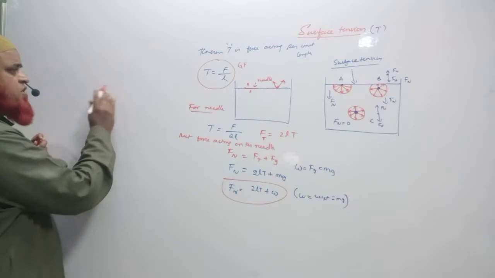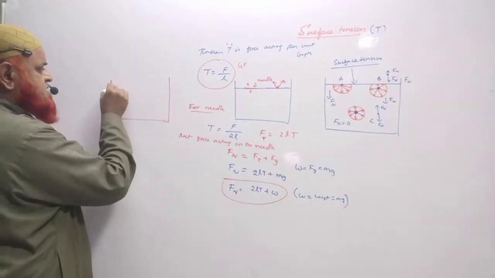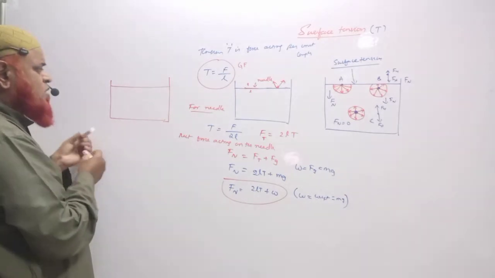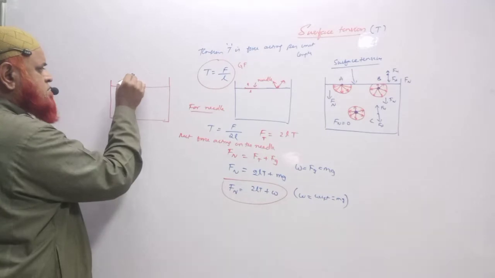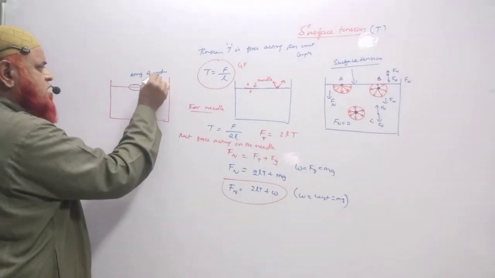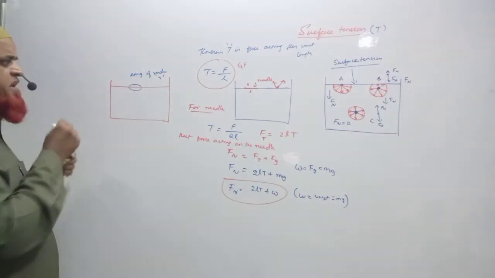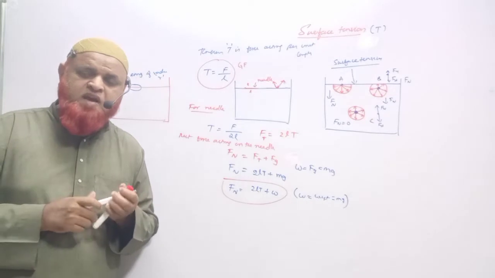Now I'll give you some more examples here. For example, this is the water surface. Now what I have done, on the surface I have kept a ring of radius small r. Then what happens?